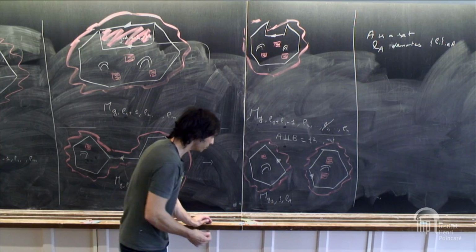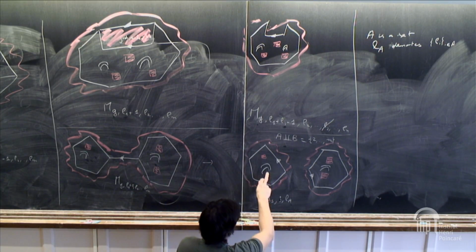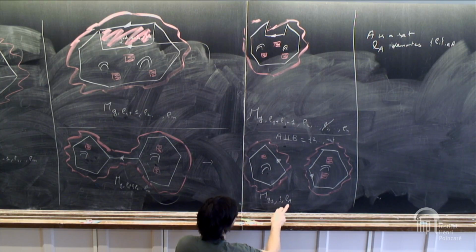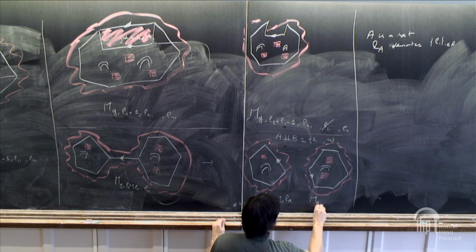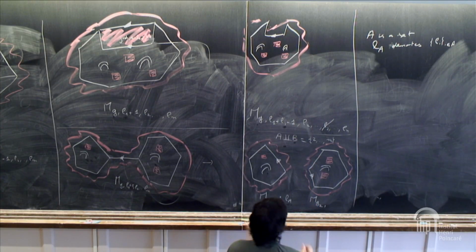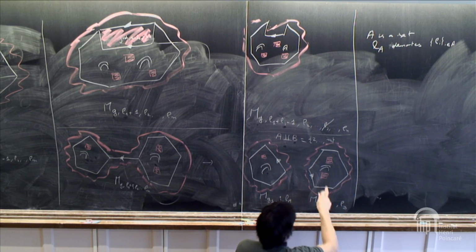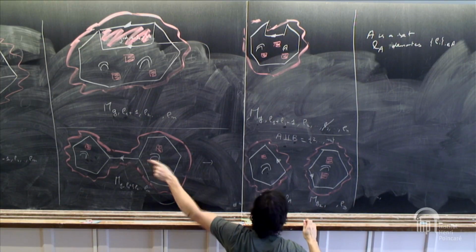Take an arbitrary one. And so what I did is just disconnect my map into two parts, one of genus G1 with cardinal of A plus 1 boundaries, and another one of genus G2 with cardinal of B plus 1 boundaries. So you've got LB corresponding to all the boundaries which were already there.